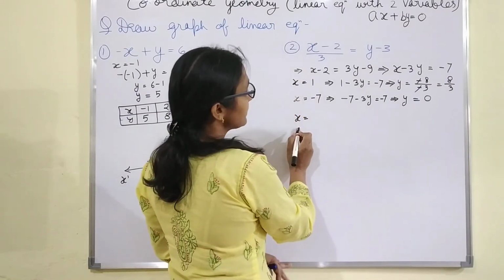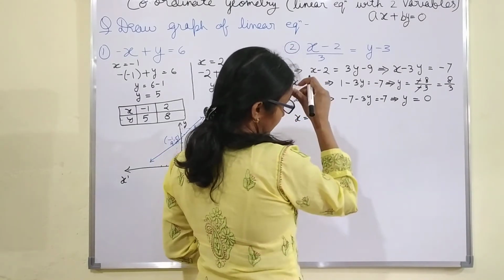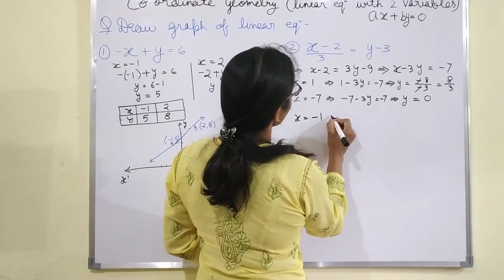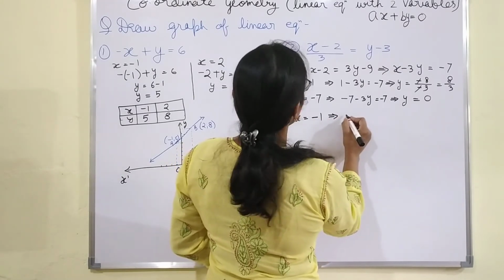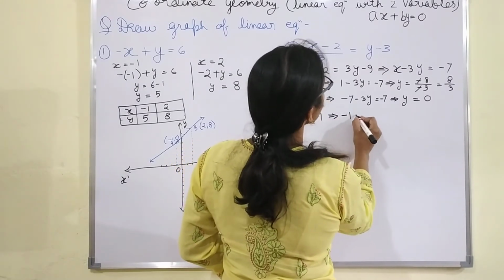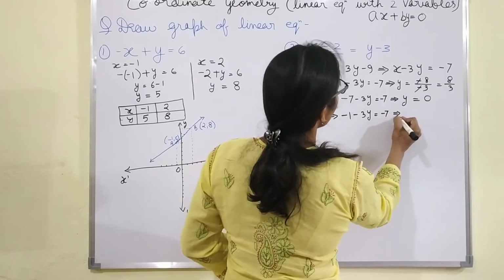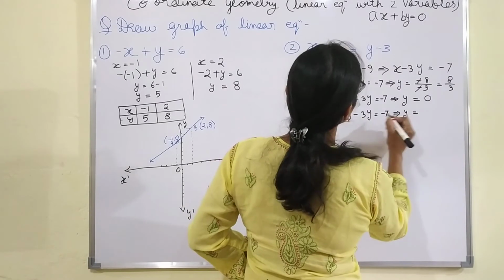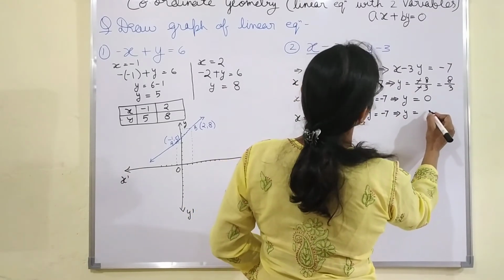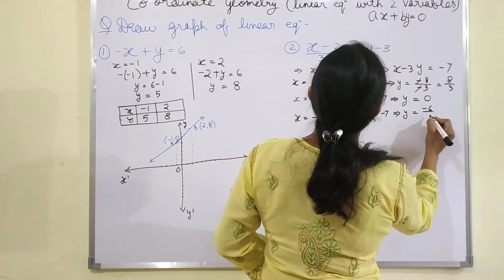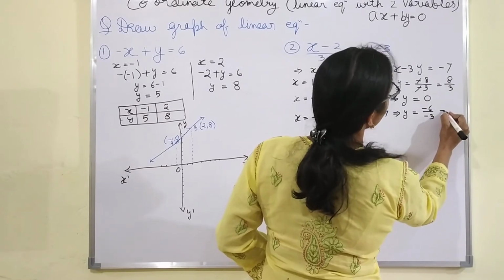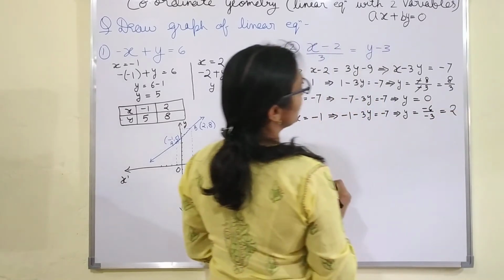Okay. Now if I take x equals to minus 1. So minus 1 minus 3y equals to minus 7. So value of y will be minus 6 upon minus 3, means 2. Okay.